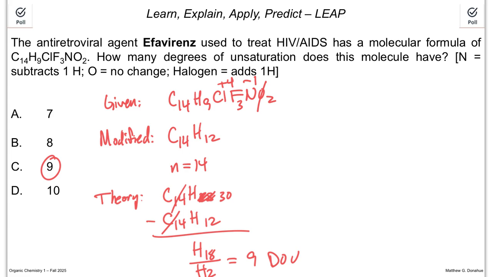Questions? So there are degrees of unsaturation. Does that mean that fully saturated functional groups won't be present? I guess that's probably a confusion of how things are stated. So remember, a degree of unsaturation is a pi bond or a ring. So when we say that, those things have to be embedded in a functional group.